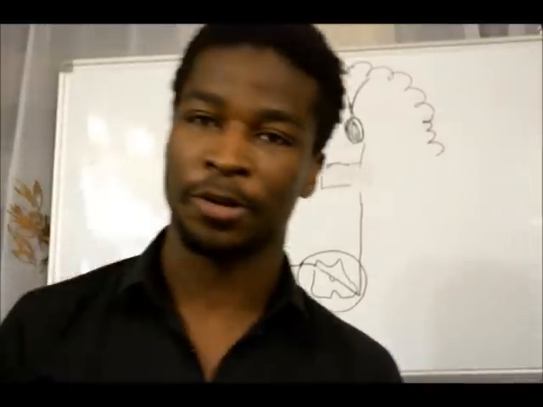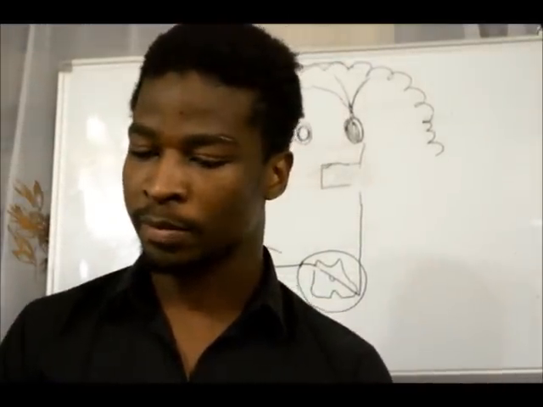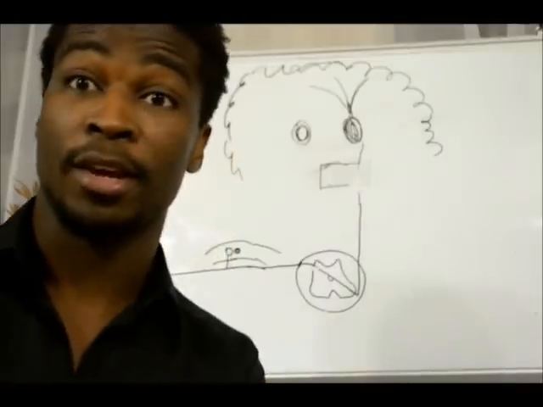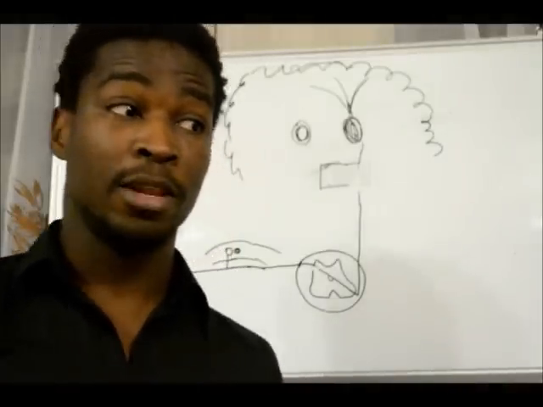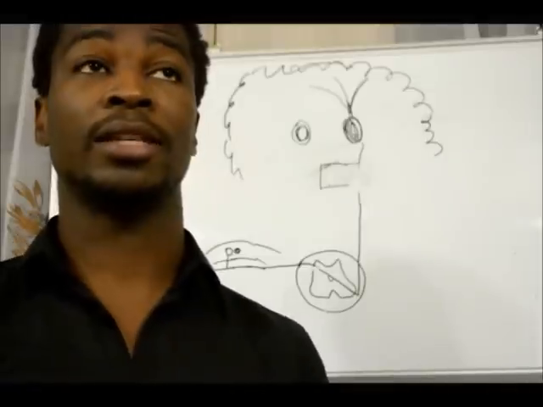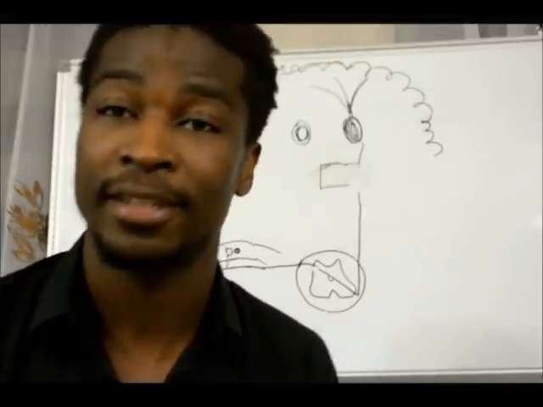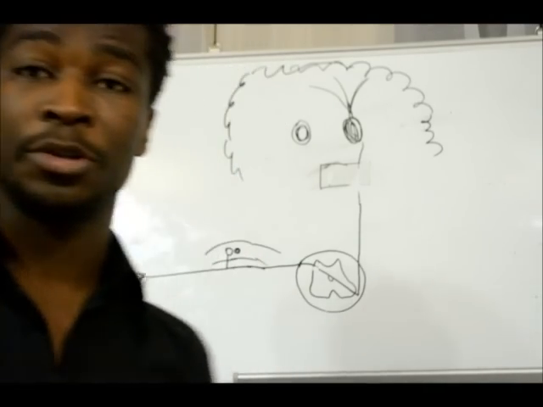That leads to another question. How does your brain know exactly where it is feeling pain? Like, if I'm feeling pain in my leg, how does my brain know that it is not my hand that is feeling pain? That leads us to another part I'm going to explain now.